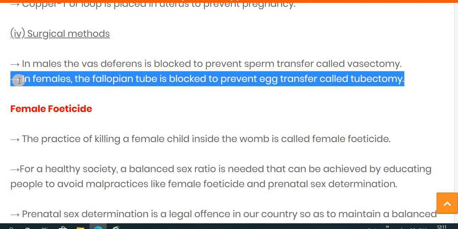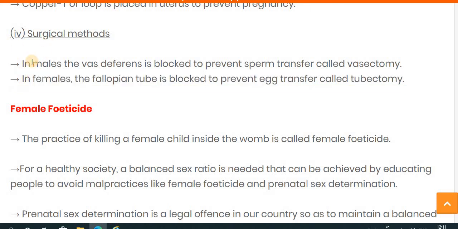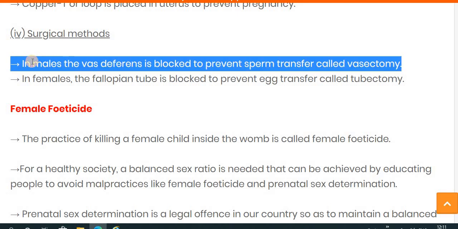Two terms may be asked as definitions. The vasectomy means that in the male, the vas deferens is blocked to prevent sperm transfer. The second is that in the female, the fallopian tube is blocked to prevent egg transfer, called the tubectomy. Why? To prevent egg transfer. But if it is a male, then blocking the vas deferens prevents sperm transfer, and it is called the vasectomy. So there are a total of 4 methods of contraception.